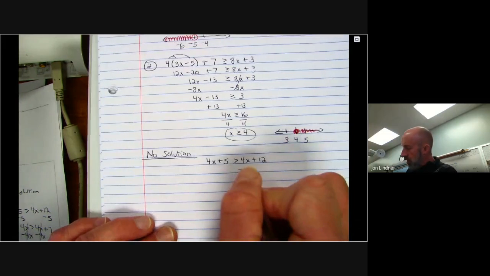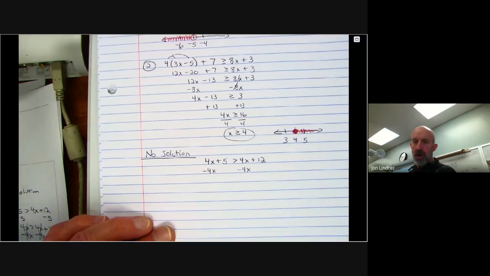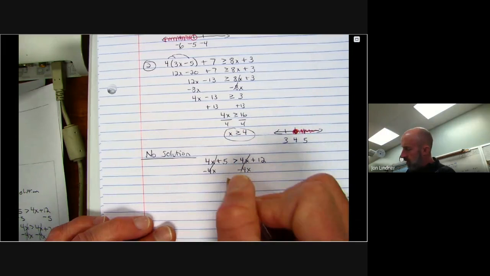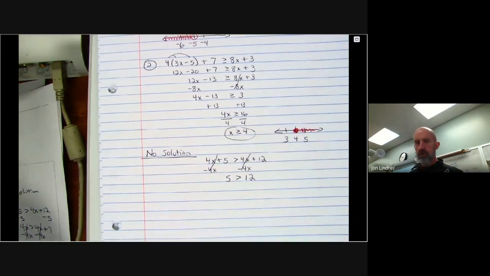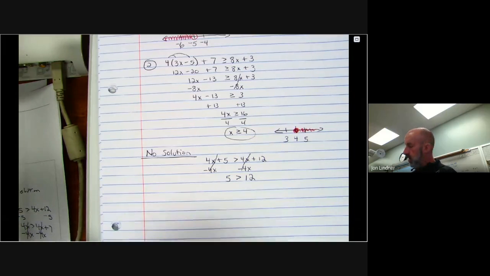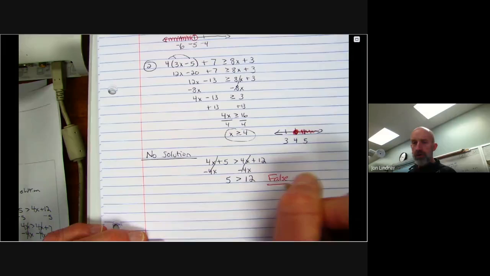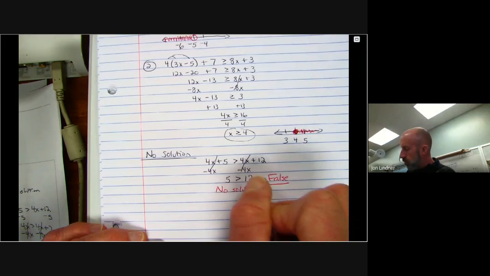Well, I would try to get my x terms on the same side, subtract 4x from both sides, and the statement I'm left with is that 5 is greater than 12. Well, we know that's a bunch of malarkey. 5 is not greater than 12. This is a false statement. This is no solution.